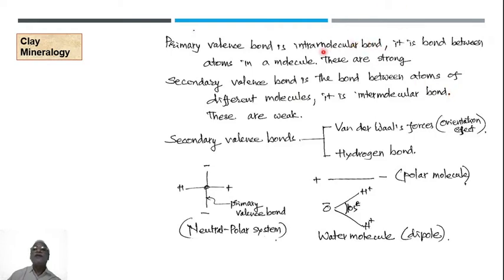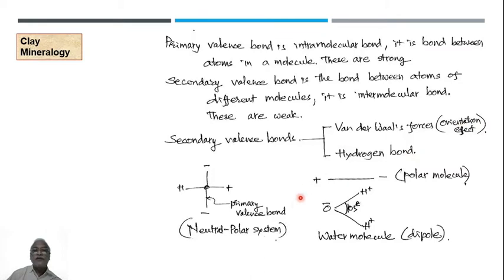That is an intramolecular bond. Here it is called intermolecular bond, and these are obviously weak bonds. Now secondary valence bonds are because of two factors. One is van der Waals forces, orientation effect, otherwise it is a hydrogen bond.